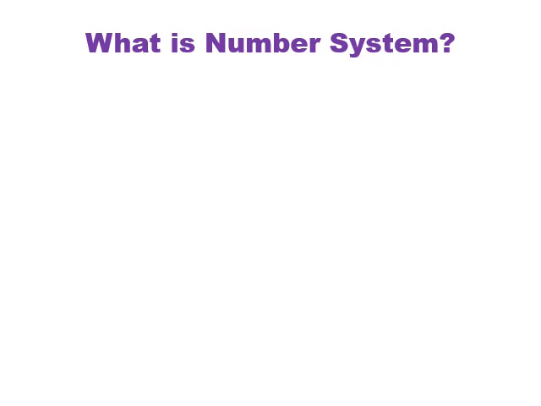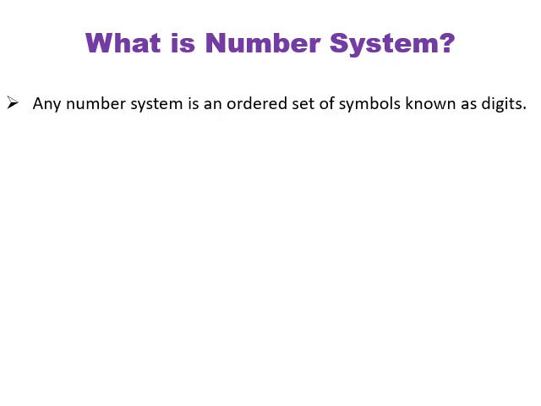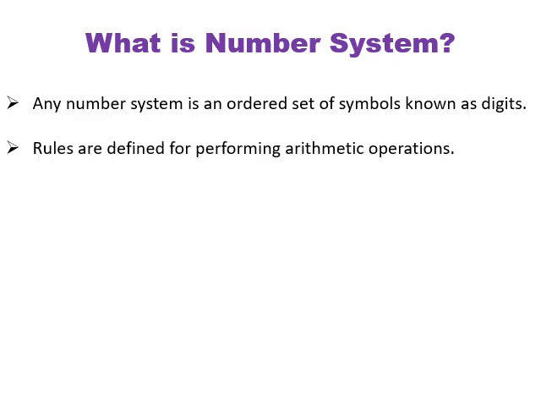Now let us discuss what is number system. A number system is an ordered set of symbols known as digits. Rules are defined for performing arithmetic operations on these digits.